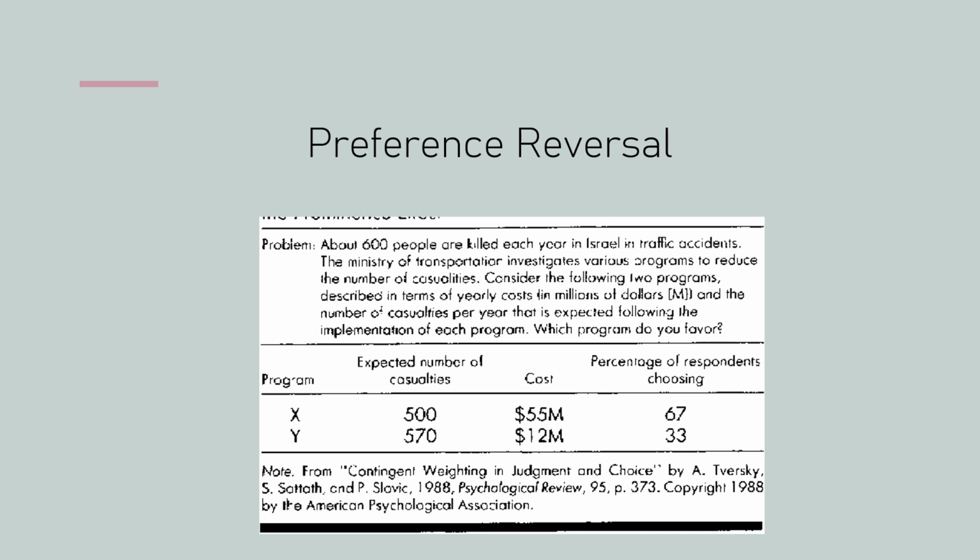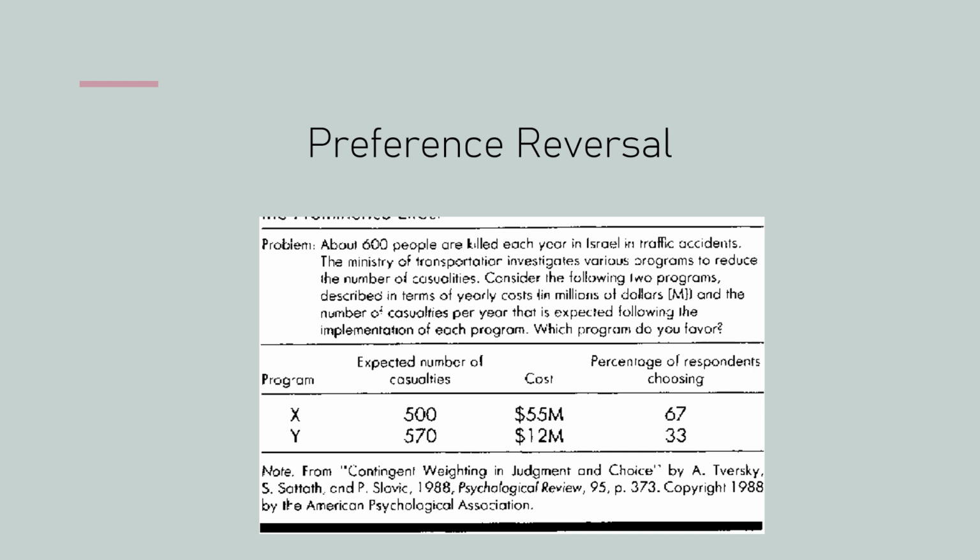So one program would cut the expected number of casualties to 500, and that would cost 55 million. Program Y wouldn't get the number of casualties down to that extent. It would get them to 570, and it would cost 12 million. So the question is, which is the preferred option?